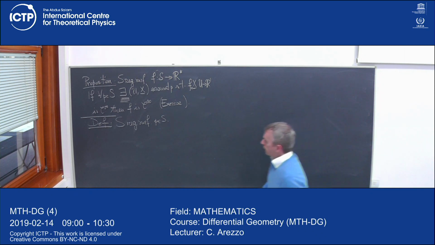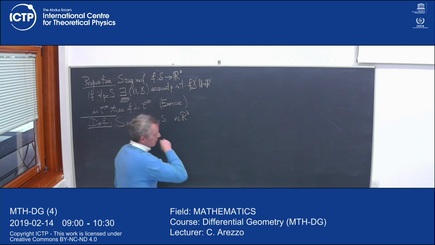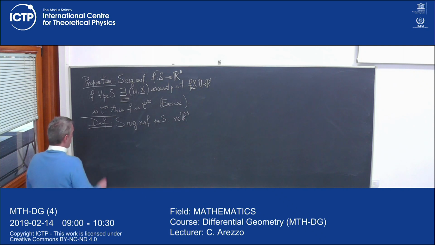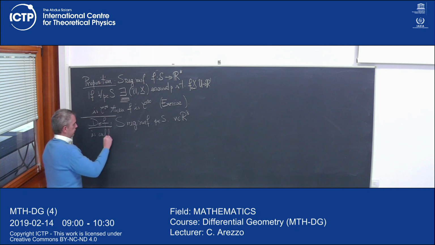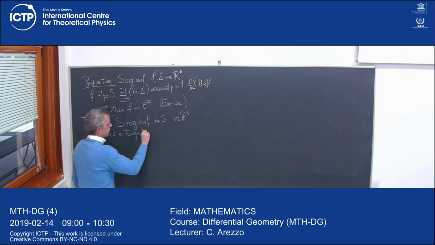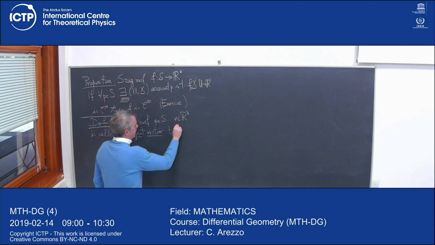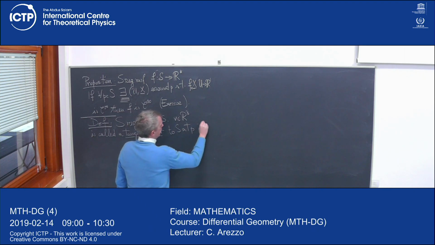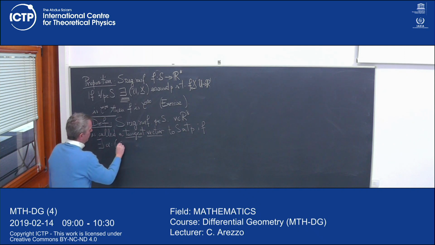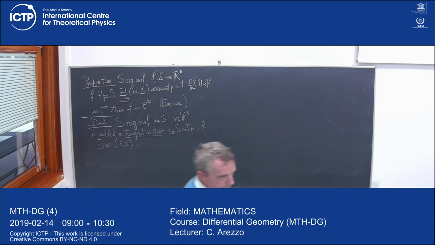So we will call a given vector v in R3 a tangent vector to S at P if there exists a curve alpha defined on, I don't really care how small, but a little interval at least.